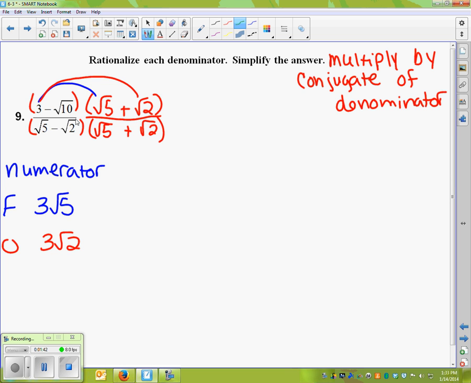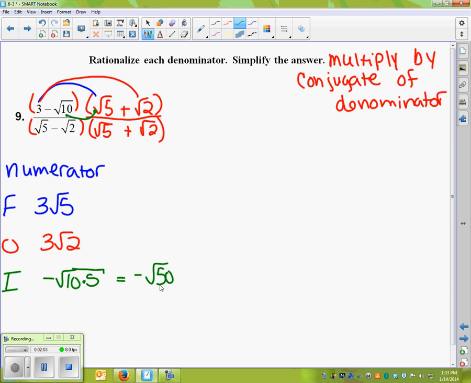The I, inside to inside, radical 10 times radical 5. It's negative radical 10 and 5. They're both radicals, so I'm going to bring them together, giving me negative square root of 50.